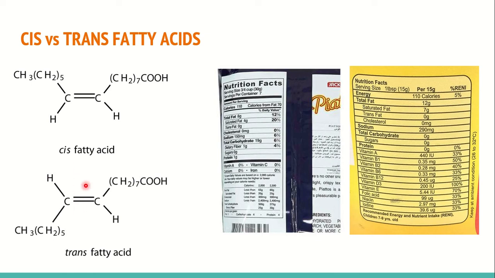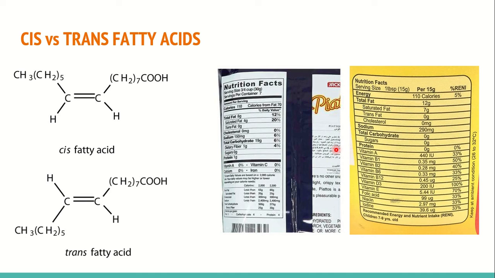And saan natin nakukuha yung trans fatty acid or yung ating mga trans fat? They are mostly derived in processed foods. Processed foods tulad ng junk foods, mga hotdogs, chichirya, what else?